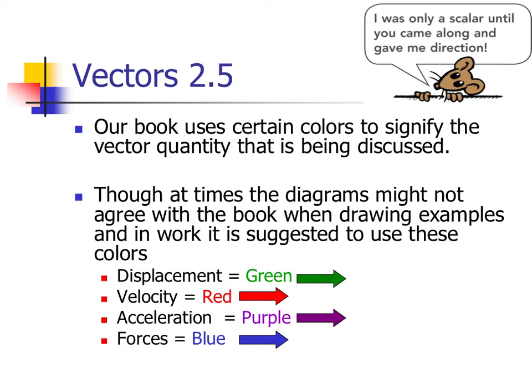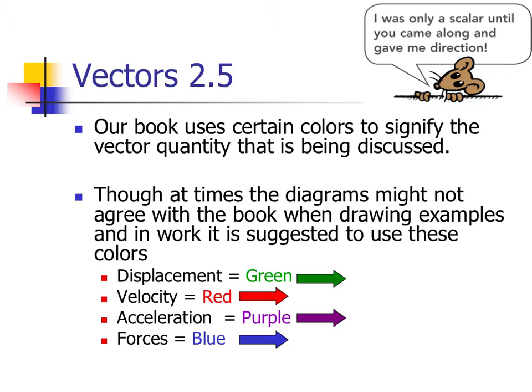But one of the things I think we can use is our technology allows us to use different colors. We can use Notability or other writing apps and change the color so that they follow suit.